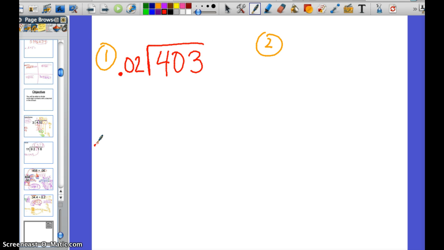Oh boy, that should fit in a whole lot of times. 2/10 into 403 wholes. And in this one, we'll have our dividend have a decimal point, and our divisor as well. We'll do that. Okay. Now remember, it's all about the movement of that decimal point and balancing it out. But that's as much of a hint as I'm going to give you.